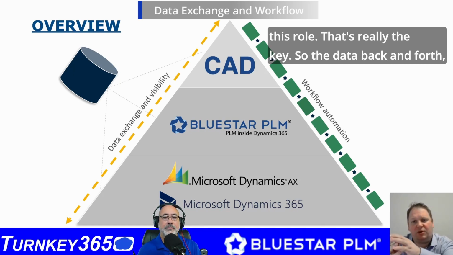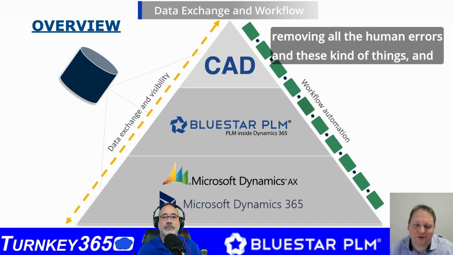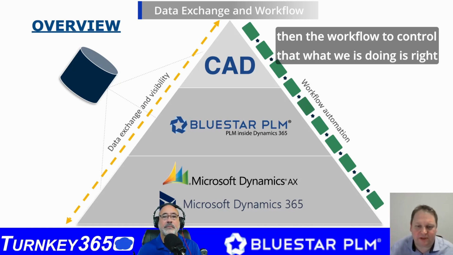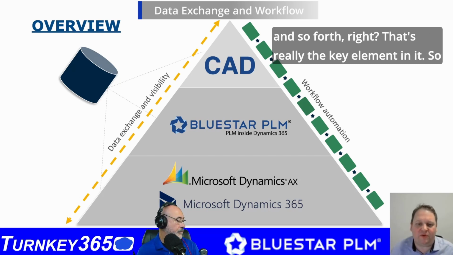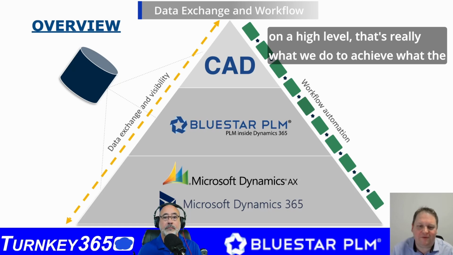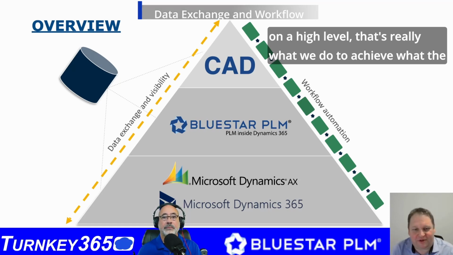That's really the key. So the data back and forth, removing all the human errors and these kinds of things, and then the workflow to control that what we are doing is right and so forth. That's really the key elements in it. So on a high level, that's really what we do to achieve what the customer does.